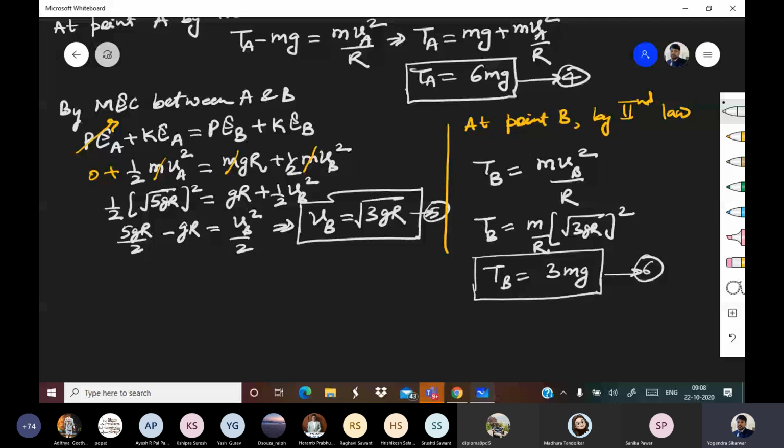Please tell me velocity at point D and tension at point D. Quickly.